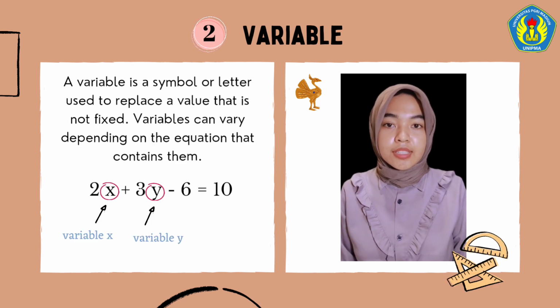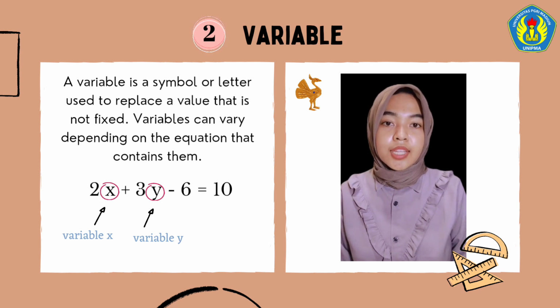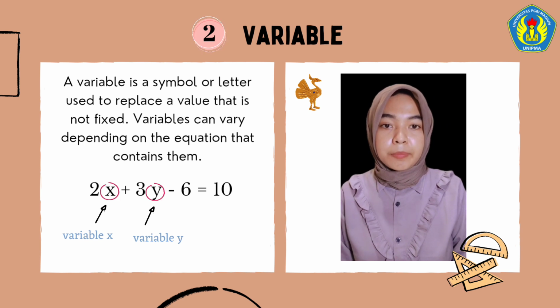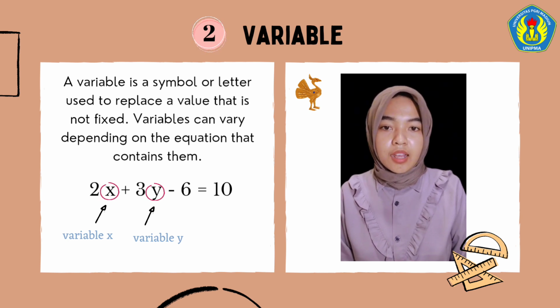A variable is a symbol or letter used to replace a value that is not fixed. Variables can vary depending on the equation that contains them. For example, 2x + 3y + 6 = 10. In the example, there are two variables, namely variable x and variable y.